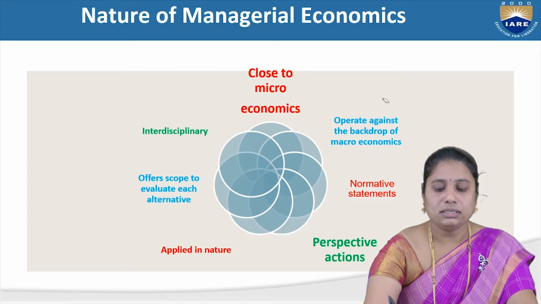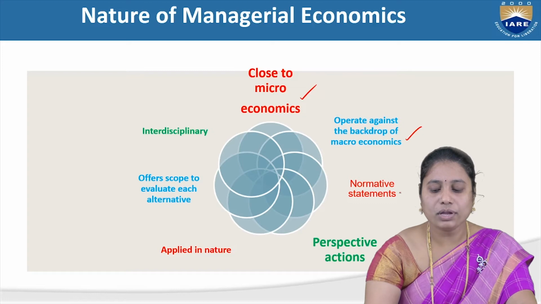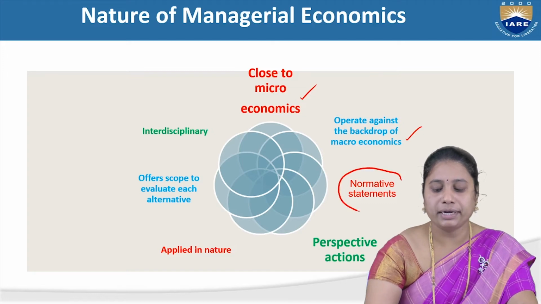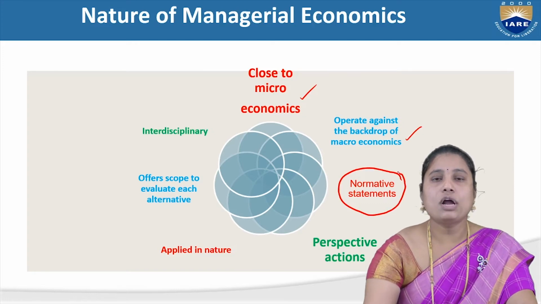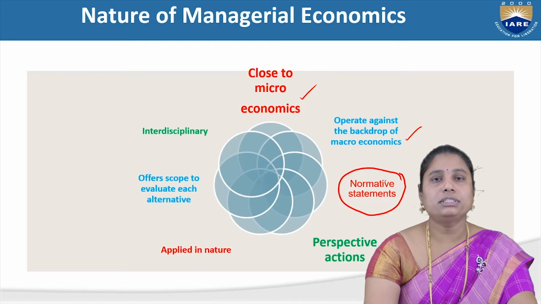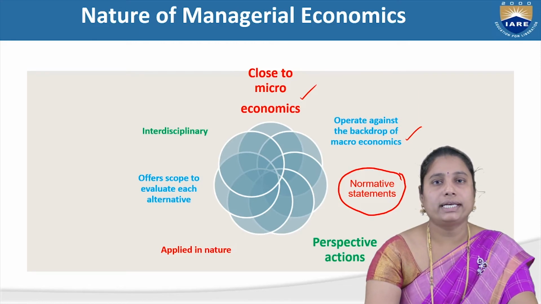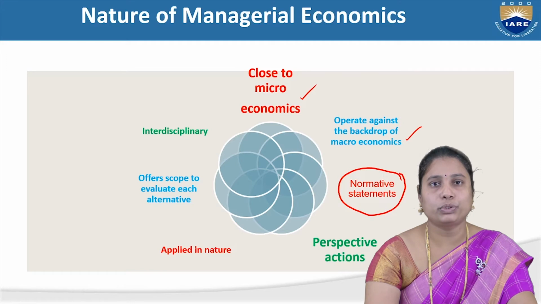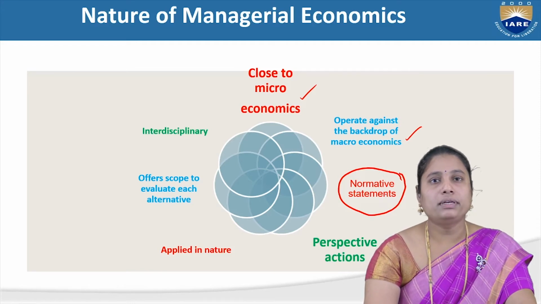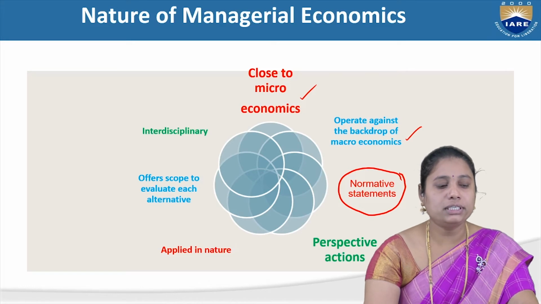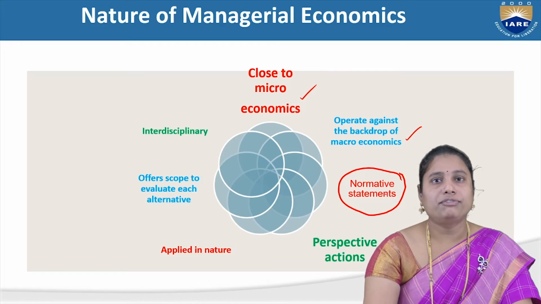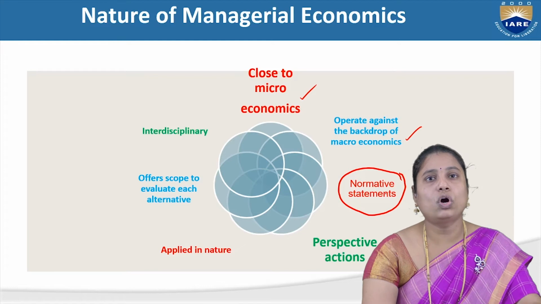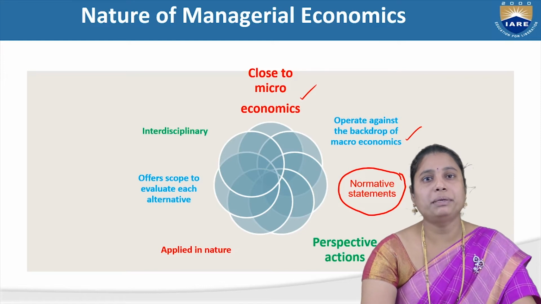Next thing is the normative statement. A normative statement means something which is not constant, where it changes as per the situation. For example, in a running race, on the first day, the person who got first place might have come within 10 minutes.